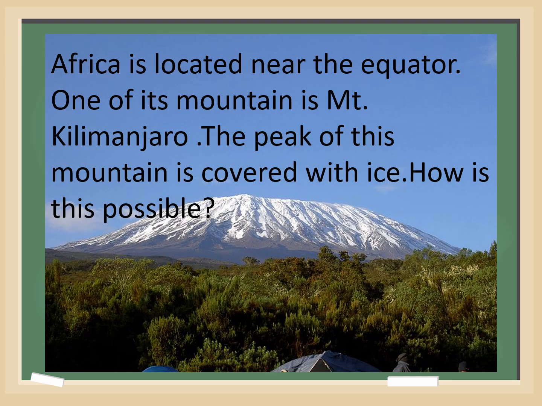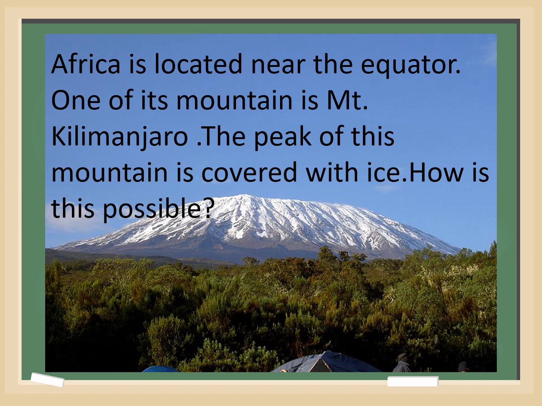Okay, since we are now through with our review, let us proceed with our next lesson. In the picture, you can see a mountain called Mount Kilimanjaro. This mountain is located in Africa.